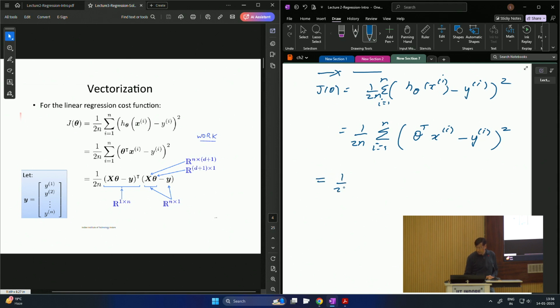I'll write this as 1 over 2n summation of i, or let me write it as theta transpose x1 minus y1 squared plus all the way till theta transpose xn minus yn squared.